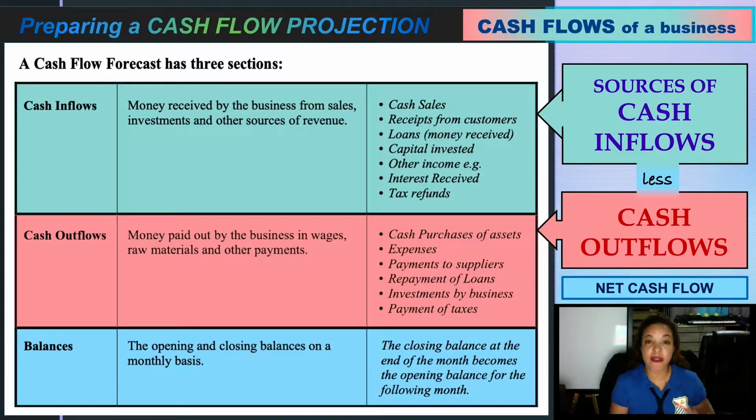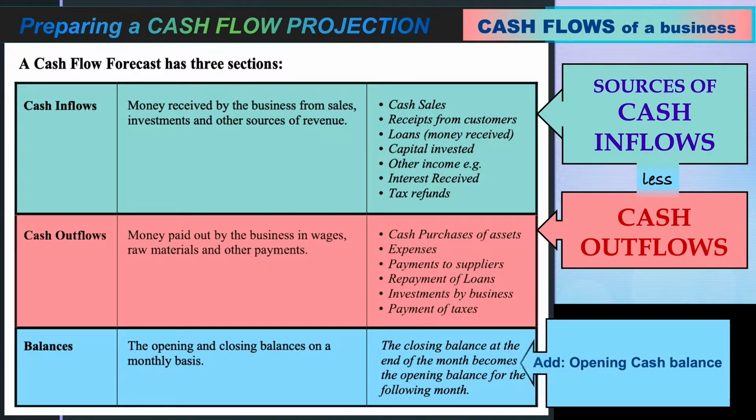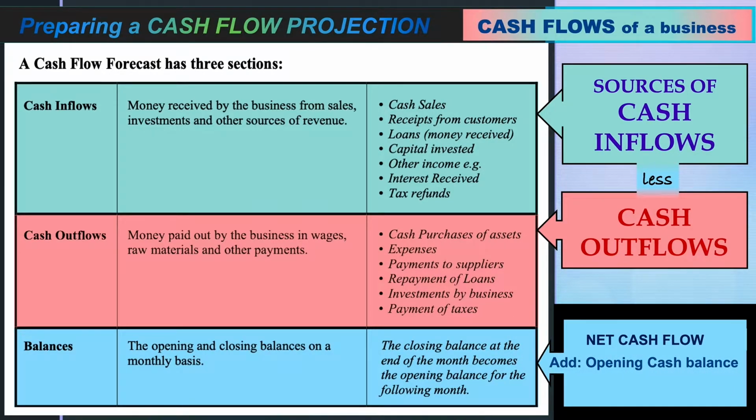So after you have found your net cash flow, then you go to the balances and you add your opening cash balance, which they will give you for the period, the beginning of the actual period. You add that to your net cash flow for that particular period, and that will give you your closing cash balance.